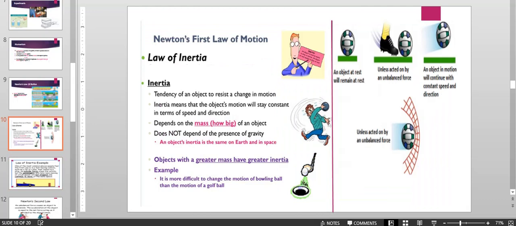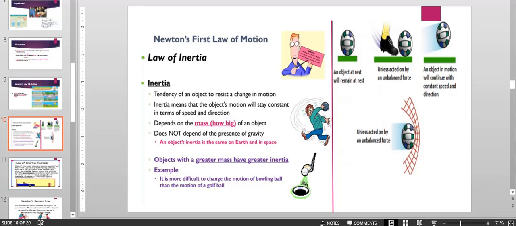So, Newton's first law, also known as the law of inertia. As we have discussed, inertia is basically the tendency of an object to resist a change in motion. Or, inertia means that the object's motion will stay constant in terms of speed and direction.